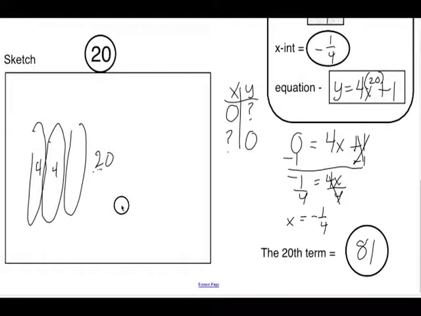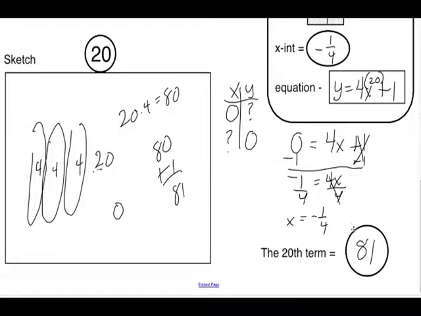And then I'd have this 1 by itself. So 20 columns, each one has 4. 20 times 4 is 80. And then I have my last one right here. So 80 plus 1 is 81, which of course we already knew by doing it mathematically.